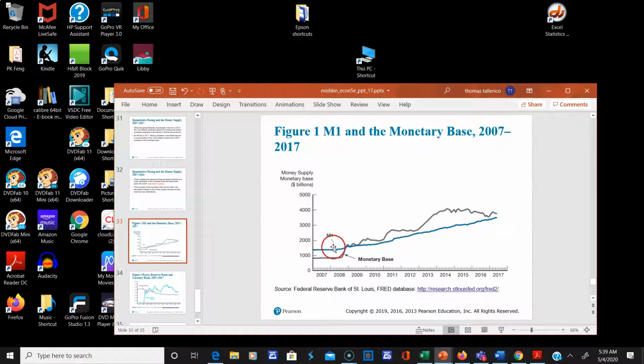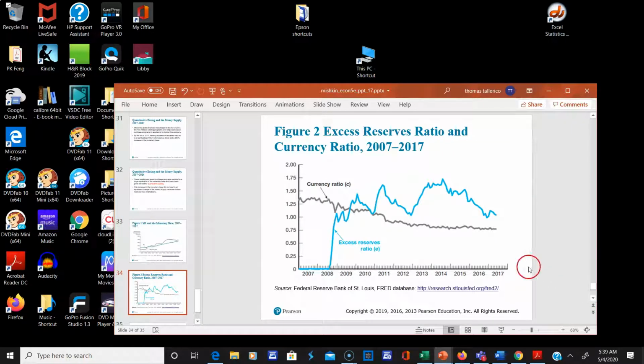So here's M1, and you can see the overall monetary base here, and it jumped up right around this period here, which then eased off after 2016. And here's the excess reserves ratio, and here's the currency ratio. And you can see the excess reserves jumped up with quantitative easing here.